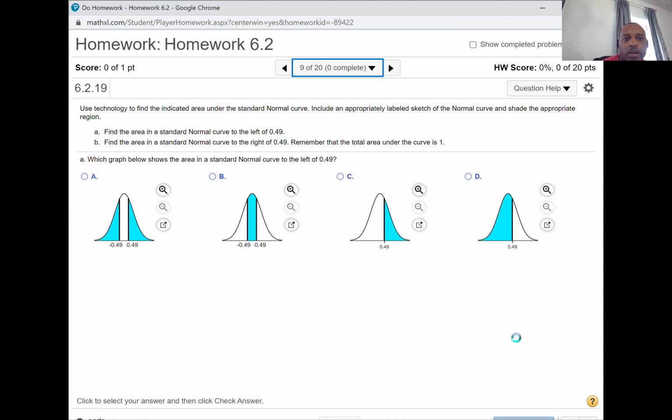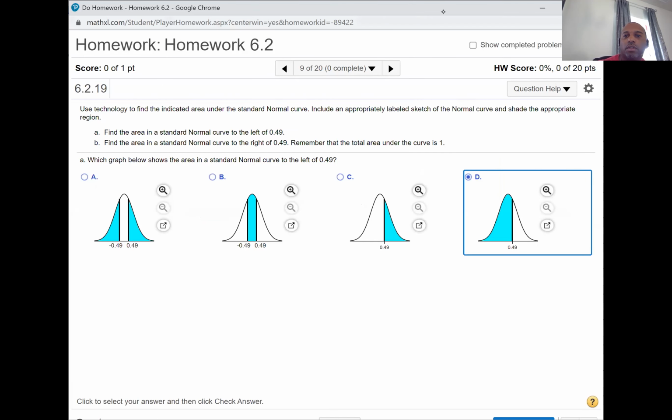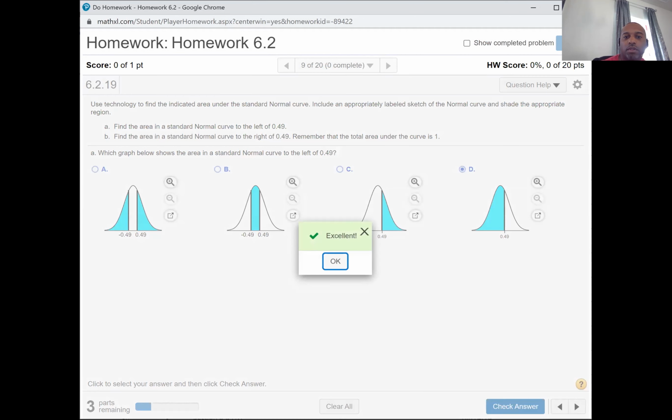I'm going to find the area under the curve for 0.49. So we're looking at 0.49. We're talking about the area to the left. So it's just D. You see 0.49 and then you shade to the left. So that's all they're asking of you.